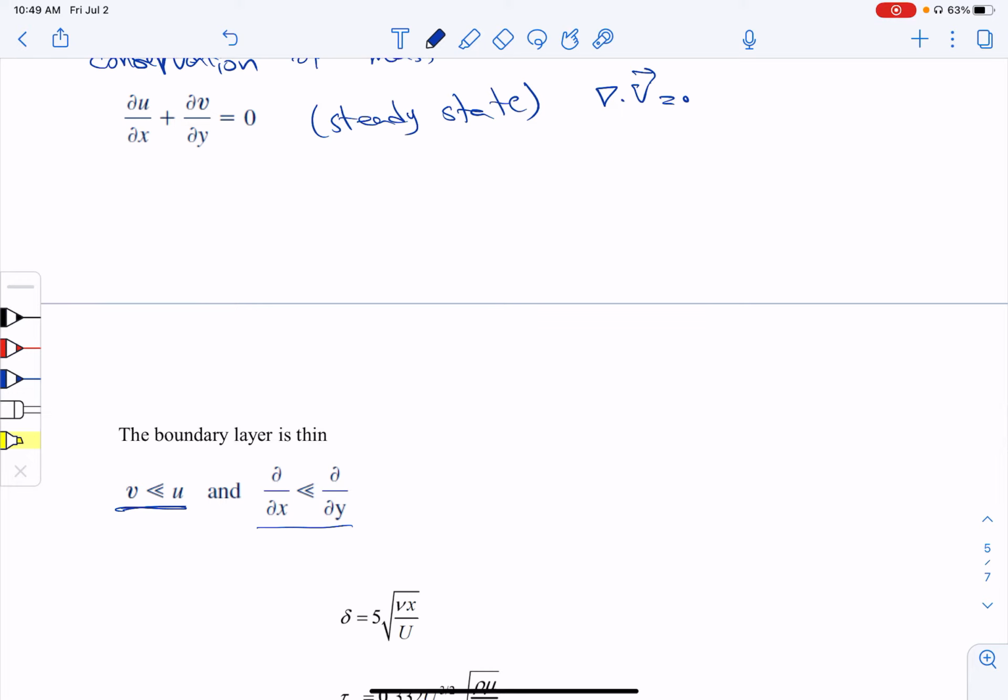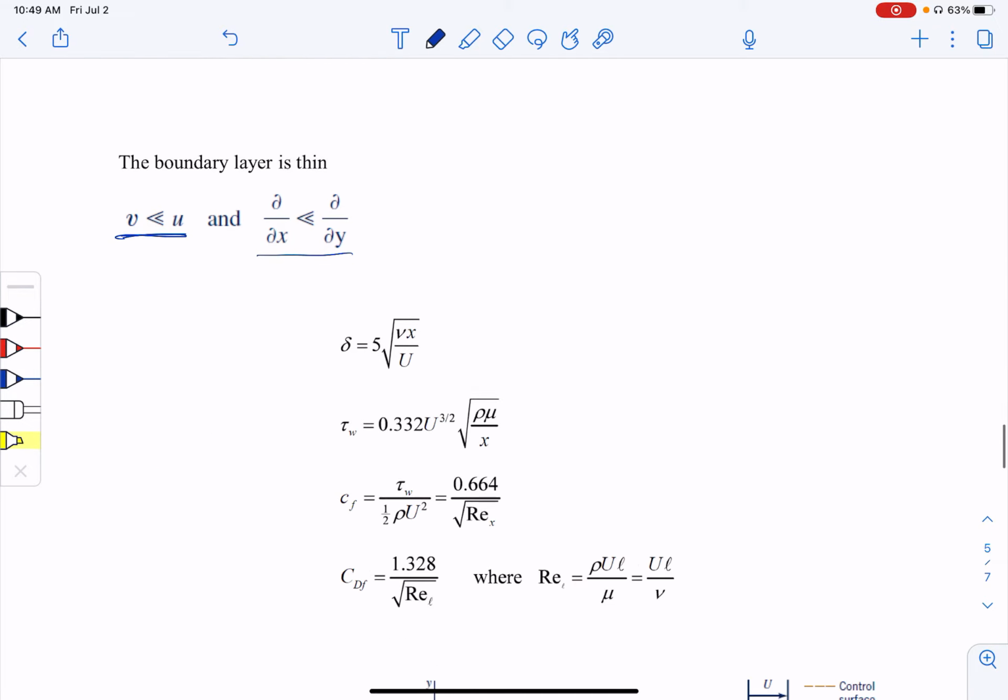So this is how we can just simplify. And if we simplify this equation, we are going to get the boundary layer thickness, and then this x, we can say that it's at a particular location, right? Particular position.